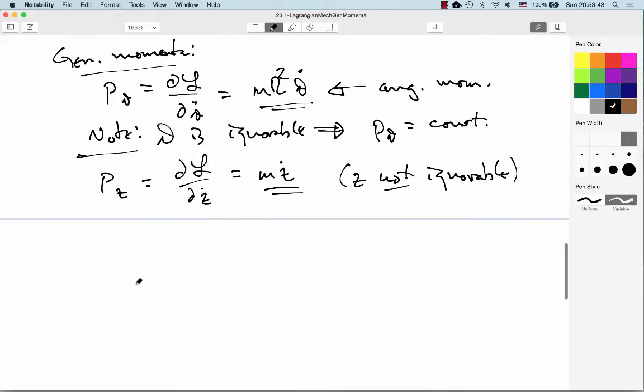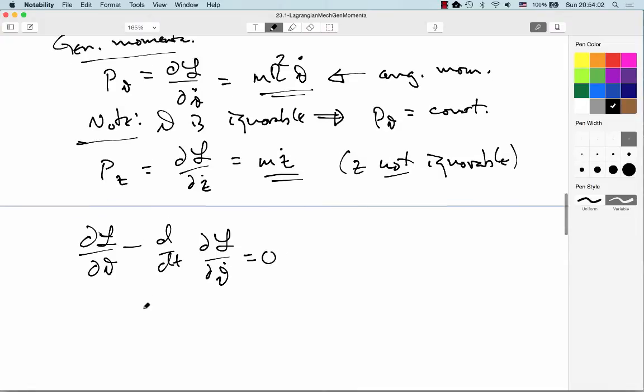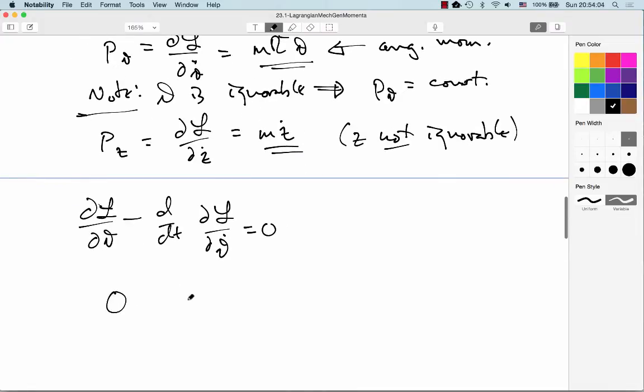All right, well, let's just go ahead and do Lagrange's equations of motion on this. So partial L partial theta minus d/dt of partial L partial theta dot equals 0. Since theta is ignorable, partial L partial theta is 0. This will be minus, well, this we saw was m r squared theta dot.